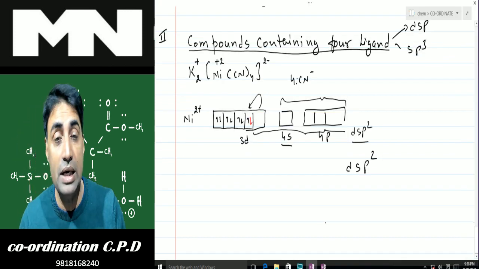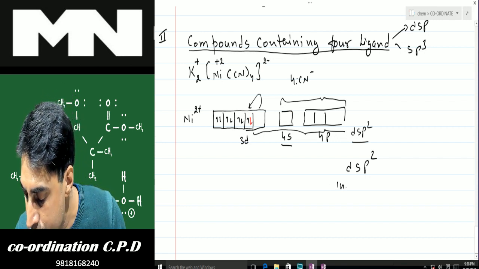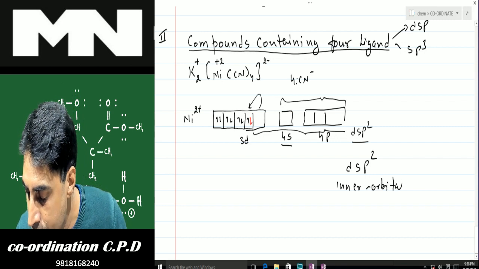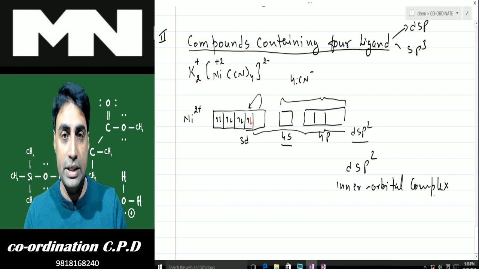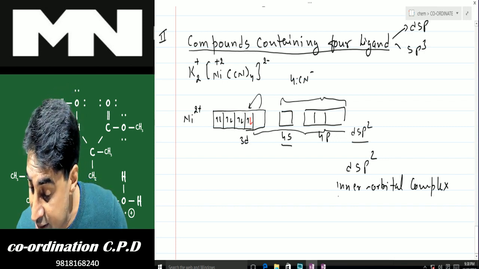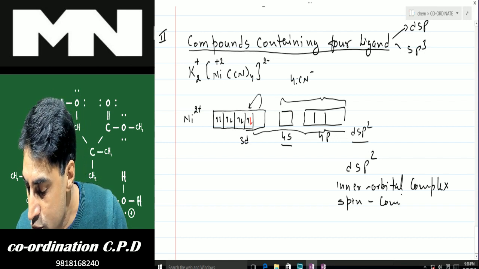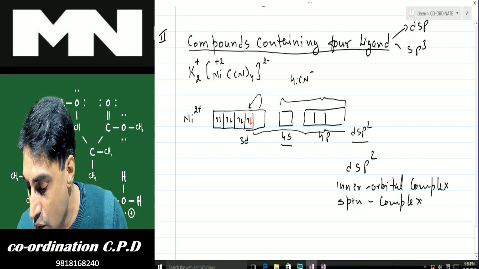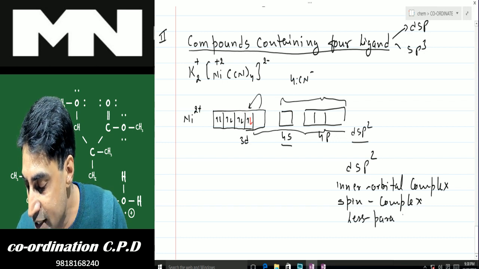Since we have used a d subshell of 3d, that's why it is an inner orbital complex. The number of unpaired electrons is lesser in this, that's why it is a spin-paired complex, less paramagnetic.